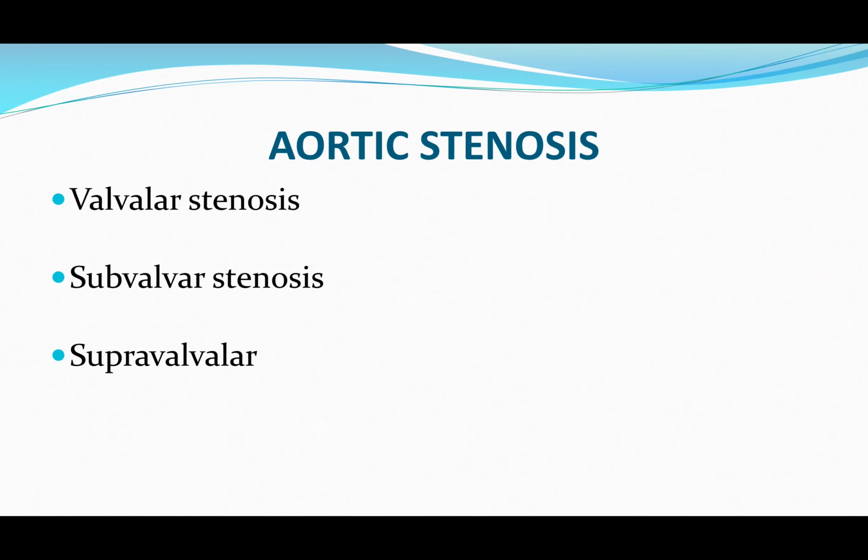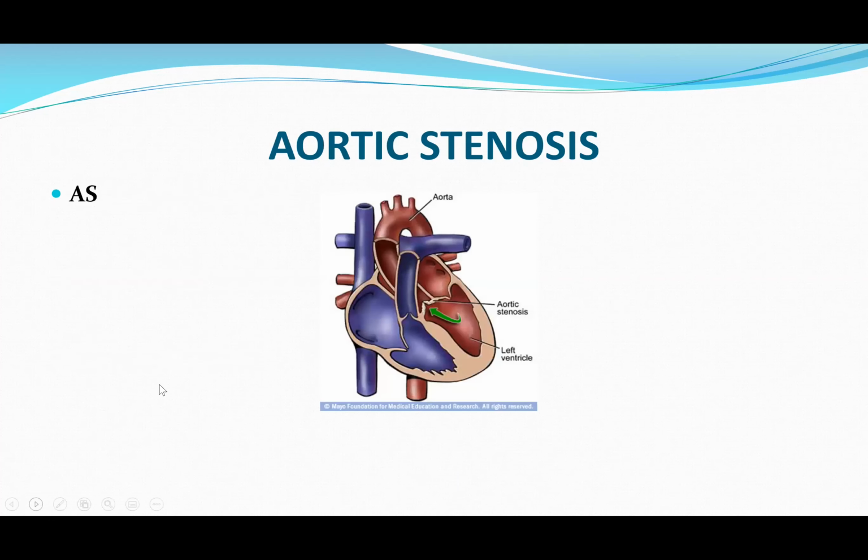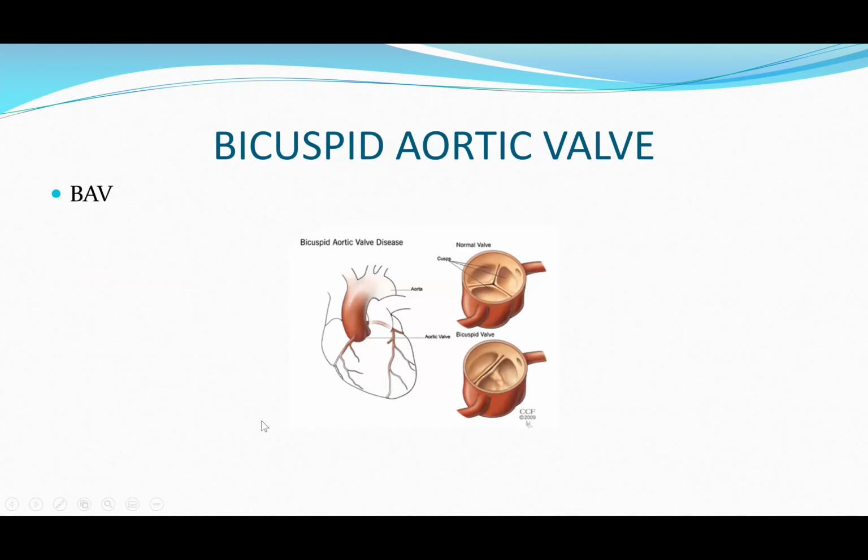So when you look at the outflow tract, always pay attention below the valve, at the level of the valve, or above the valve. The most common valve abnormality is bicuspid valve, where you have 2 leaflets instead of 3.